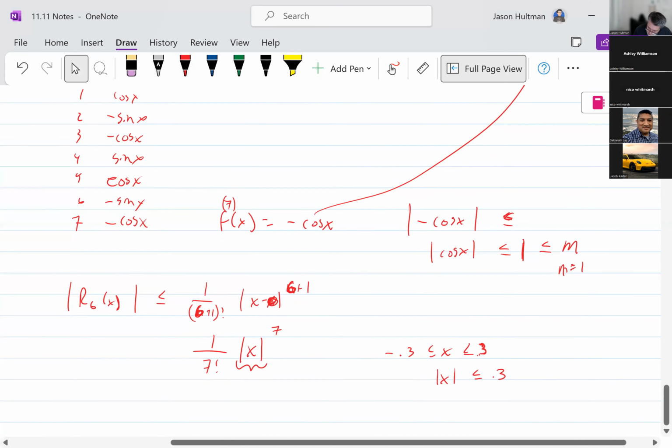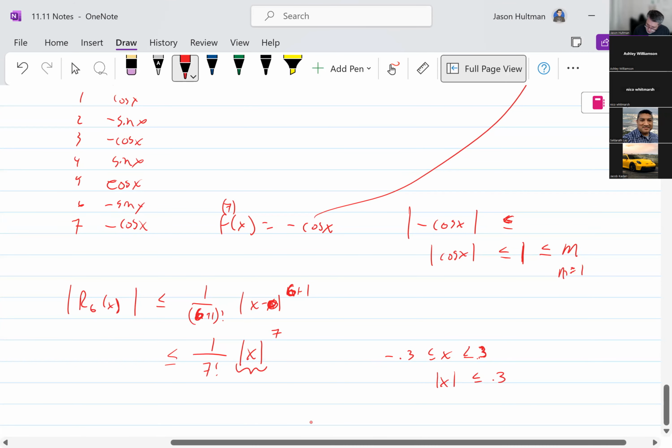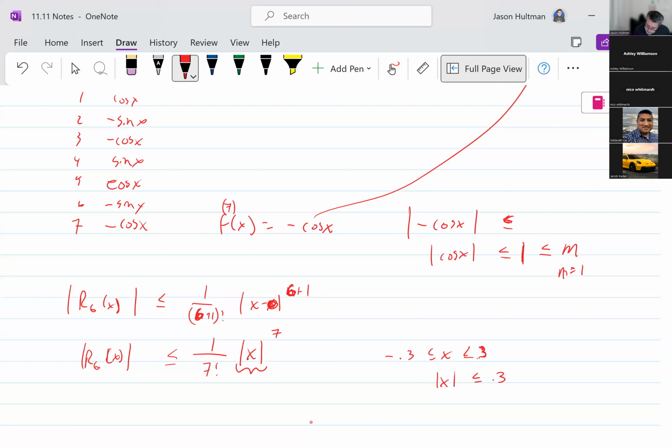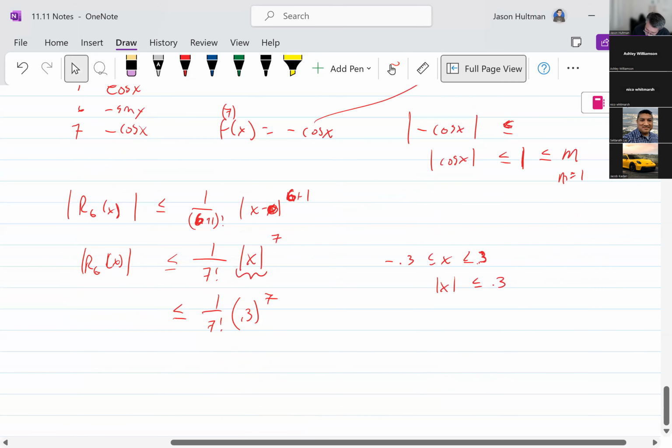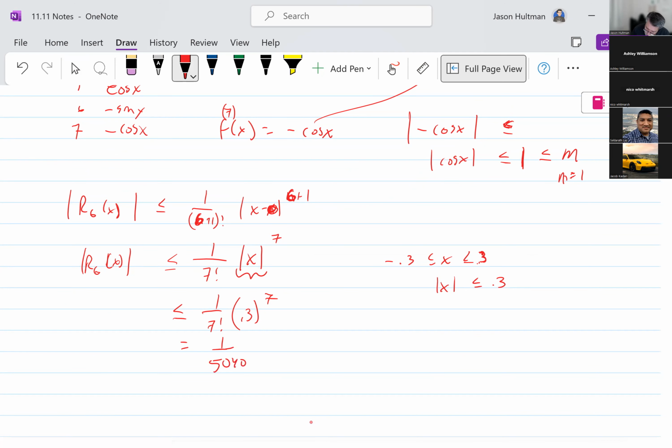So r6 of x is less than or equal to 1 over 7 factorial times 0.3 to the 7th power, because the absolute value of x is bounded. So this is equal to 1 over 5040 times 0.3 to the 7th power.